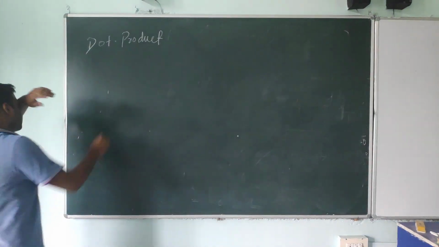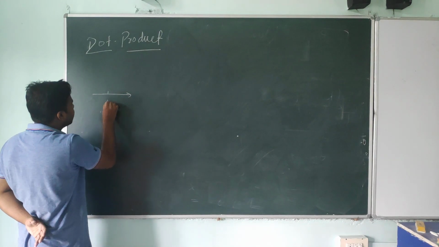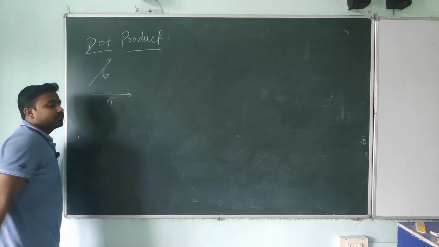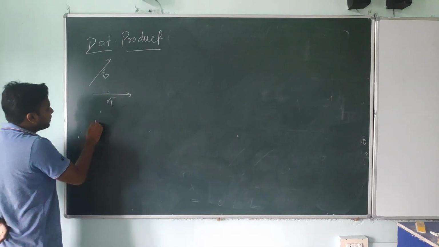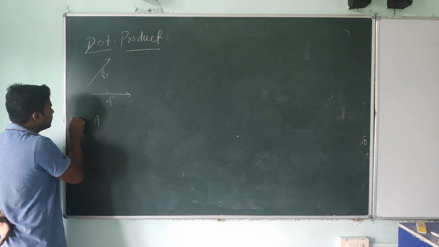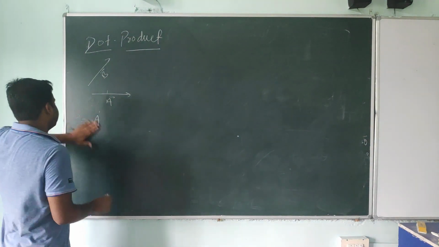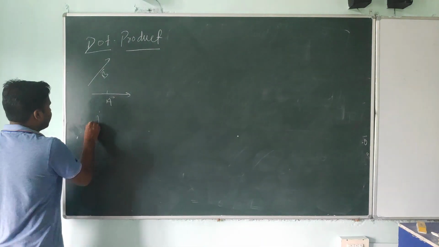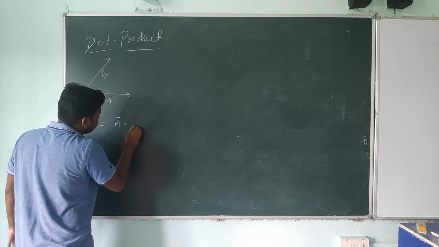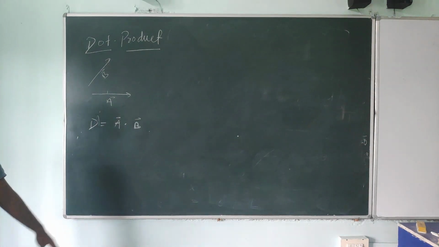Okay, so dot product, look at this. Here we have the a vector and this one is the b vector, and if you want to find the dot product, let me write d. So d equal to a dot b.